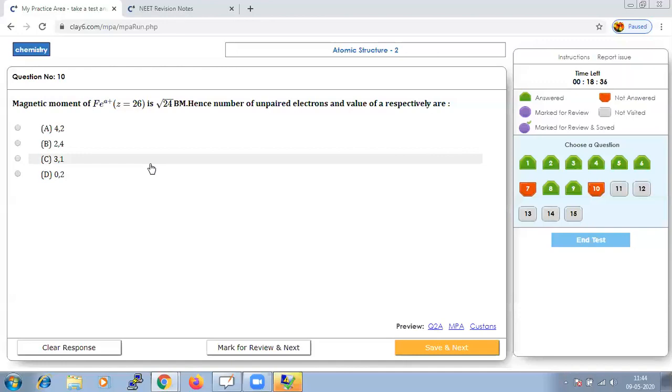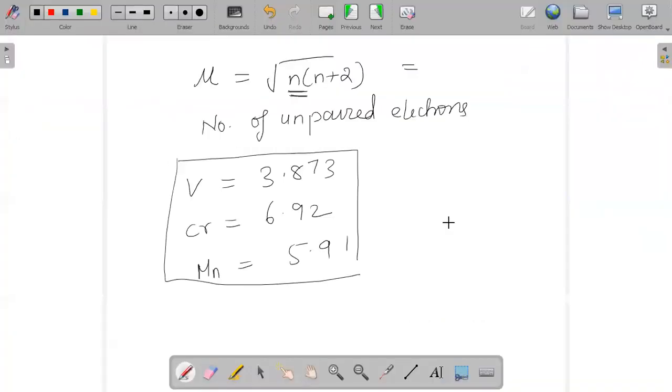Just now we have discussed the relation between unpaired electrons and the magnetic moment. The formula is mu equal to root of n into n plus 2, and they have given it to be equal to root 24.